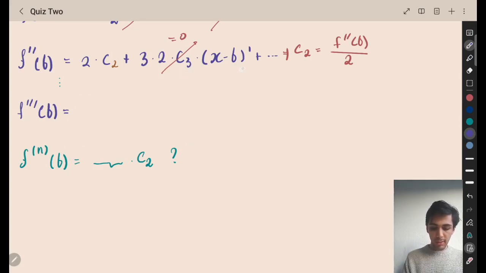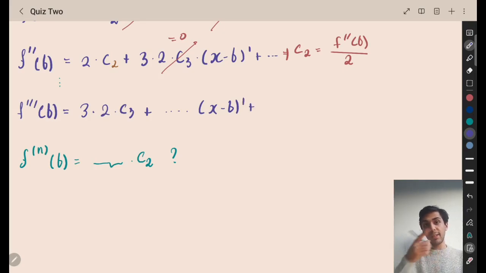It's going to be this expression, taking the derivative. So we get 3 times 2 times C3, and the derivative of this is 1. 3 times 2 times 1 times C3 plus something that has x minus b to the power of 1. And so that's the next term, basically.